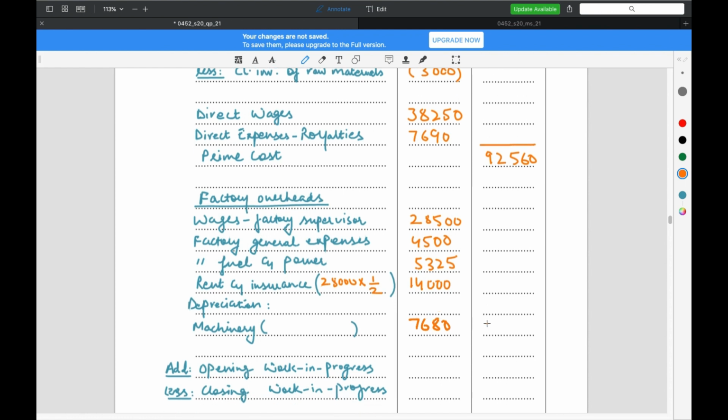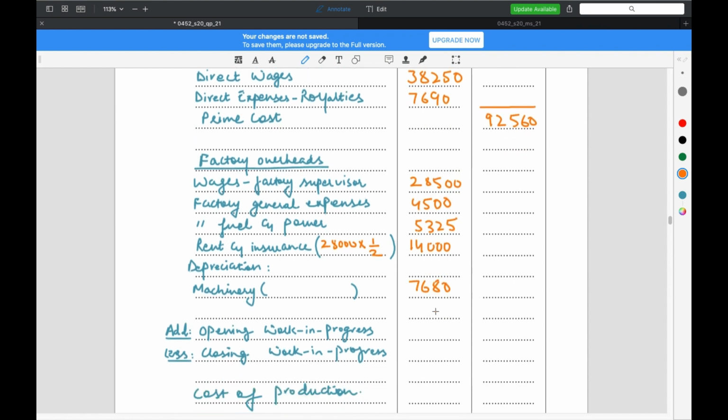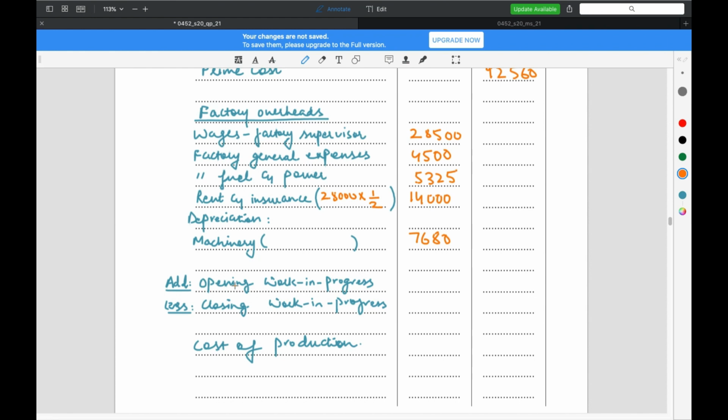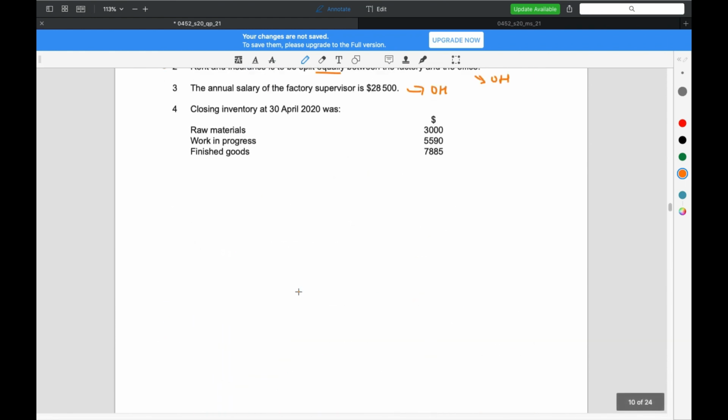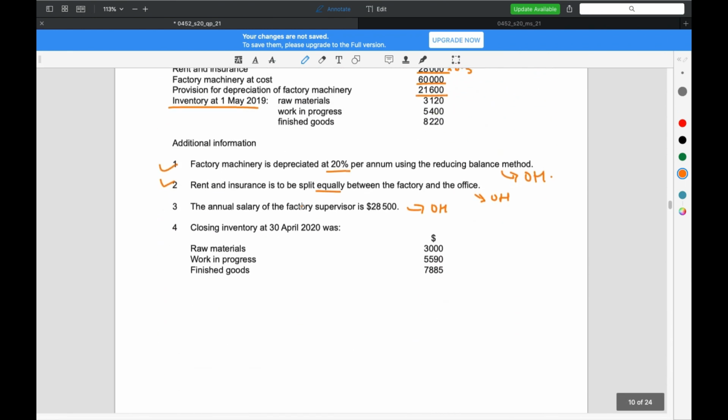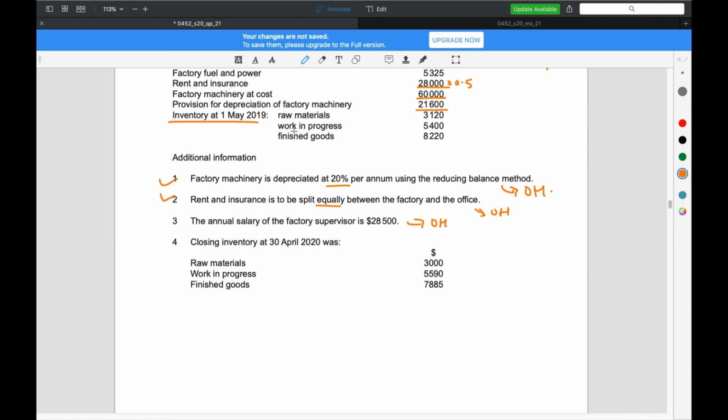All right, and we have all these over here, and then he's given you opening and closing work in progress, right? So you have to deal with that as well. The opening work in progress is added because we completed it this year, so that means it cost us.